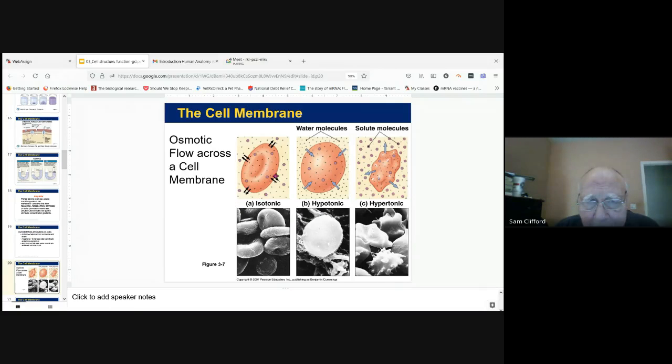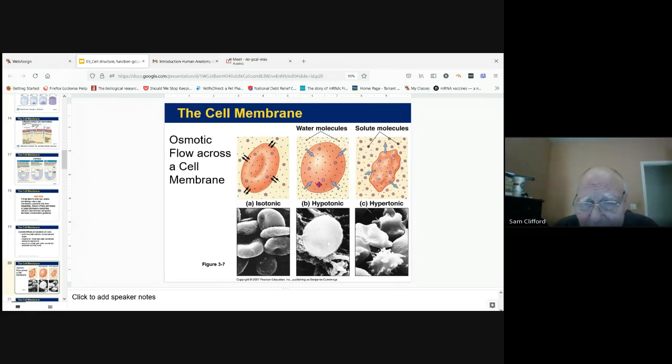So when you have IV fluid given to you in a medical emergency or a medical situation, the amount of substance such as water moving in and out of the cell is equal, so the cell keeps its shape and is not destroyed.